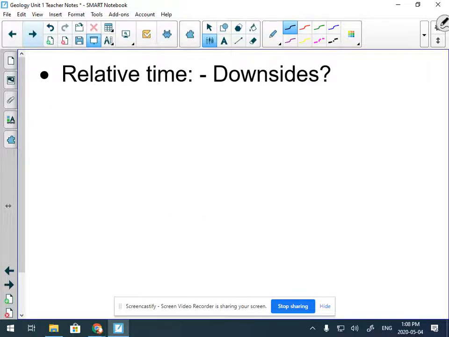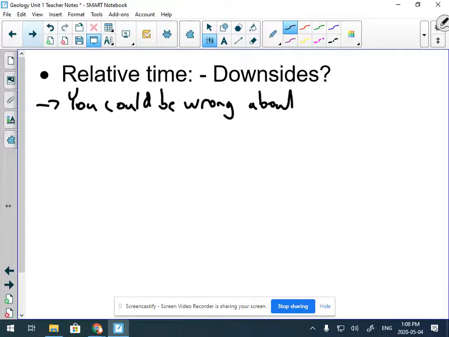The big problem with figuring out how old rocks are that way by guesstimating is that you could be wrong about how long the rock takes to form.